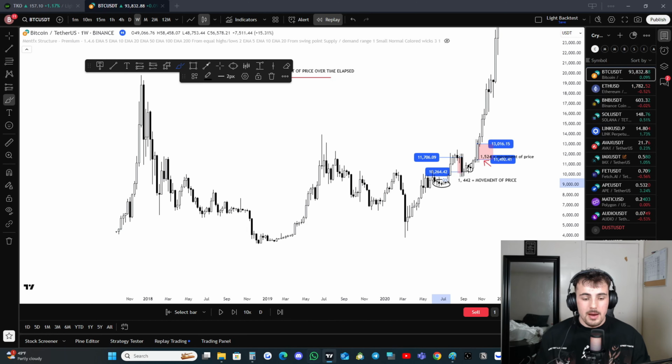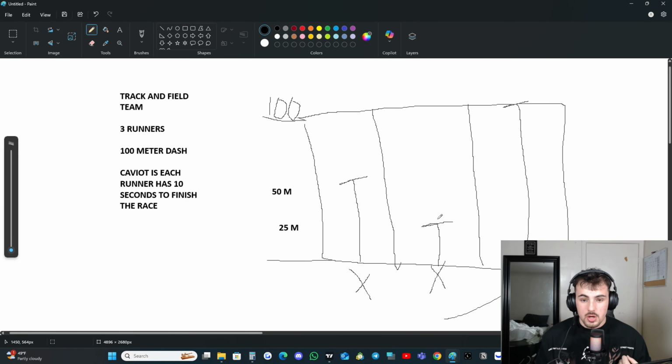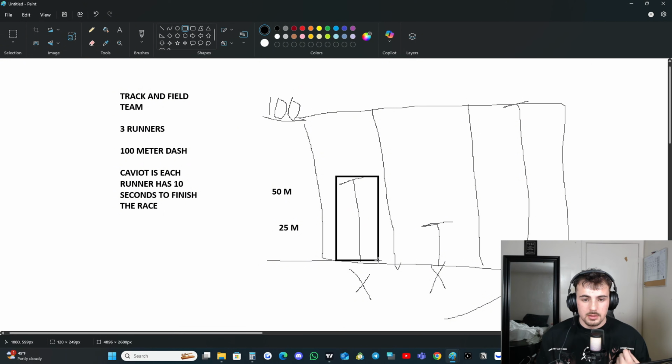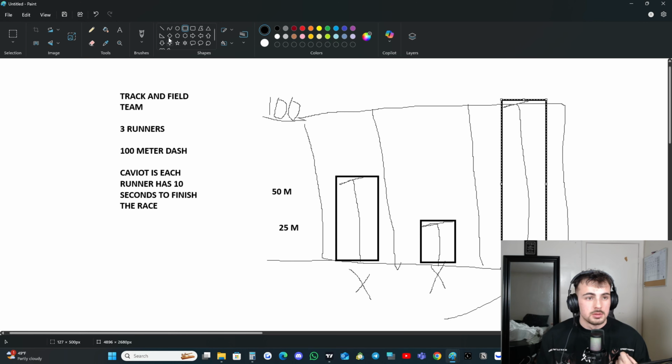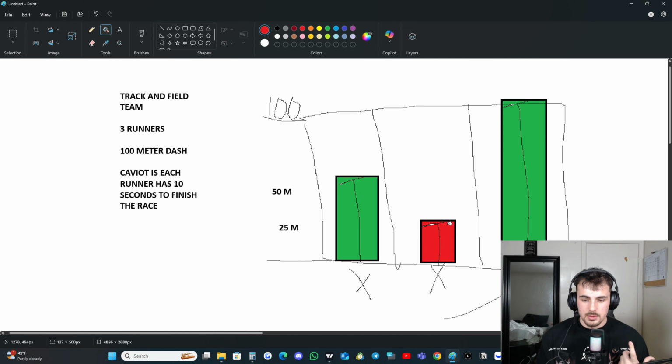So if I were to go back to the little drawing I made here, and if I were to make these, say, candlesticks here, let's do this. Make this one green, make this one green, and then we'll make the middle one red. Now they're candlesticks, and if we look at the example, what do these candlesticks represent?